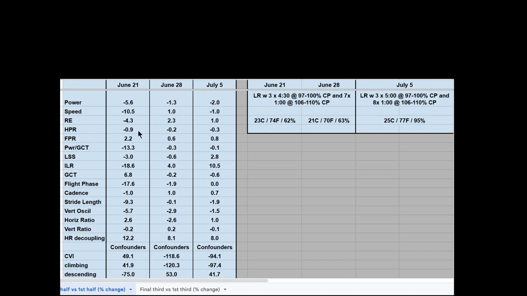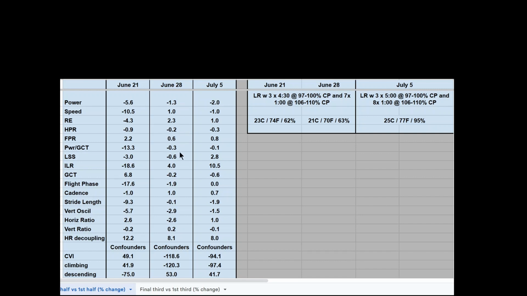Horizontal power ratio, I said that usually declines in fatigue. It declined less. Form power increases in fatigue. It increased less. I mean, these are negligible. These are, minus 1.3% power.